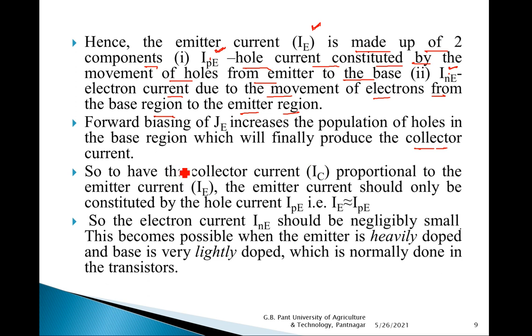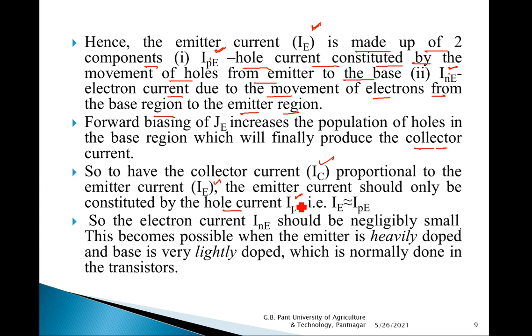So to have the collector current IC made proportional to the emitter current, the emitter current should only be constituted by the hole current, that is IPE.